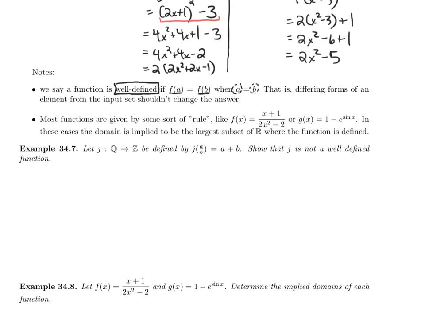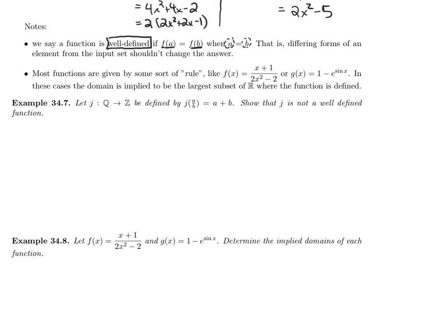So this is kind of the prototypical example for a function that isn't well-defined. This function goes from the rational numbers to the integers. And the way we define it is we plug in a rational number, and the output is just the sum of the numerator and denominator.